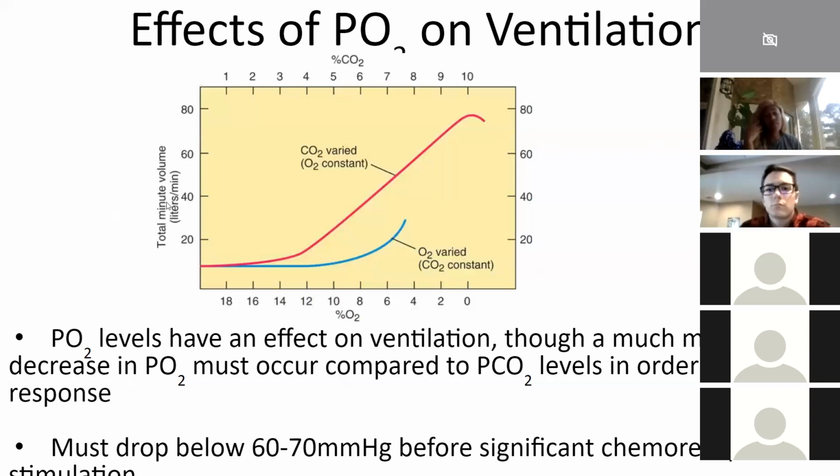What you should be seeing here is that the total minute volume on the left is a reflection of how many liters per minute this particular individual is breathing at, as we vary their CO2 or vary their O2. You can see that the body's really responsive to changes in CO2, but it's only when the O2 levels get pretty low that the body actually becomes responsive to the O2 changes.